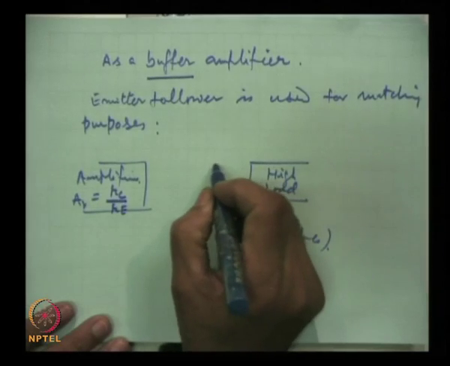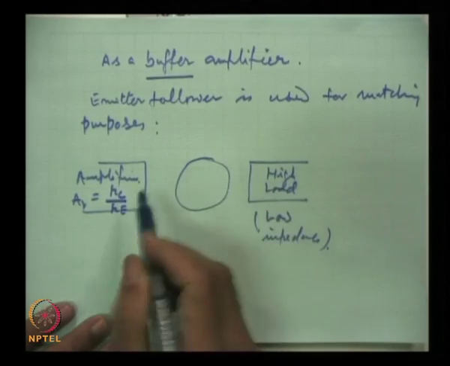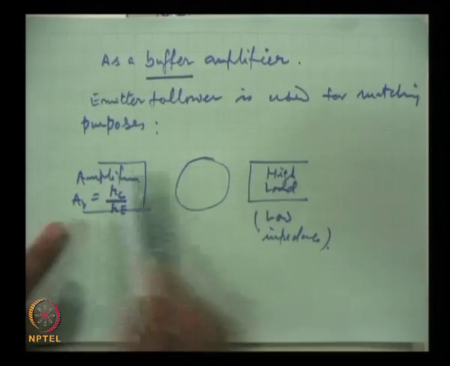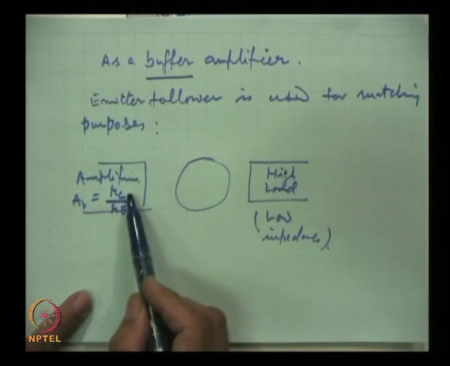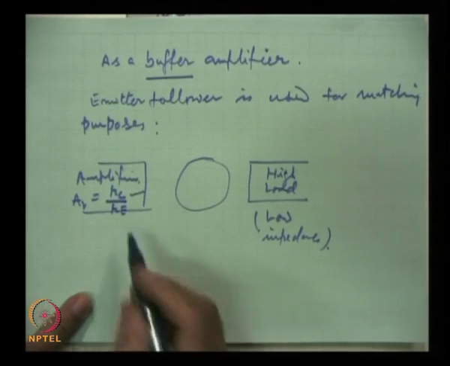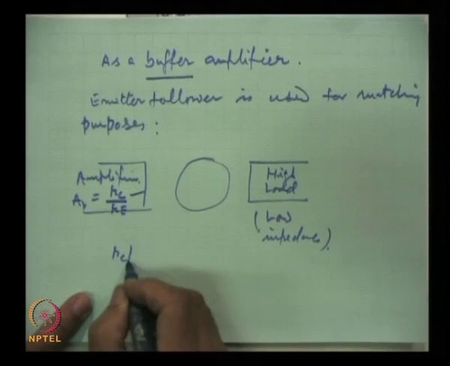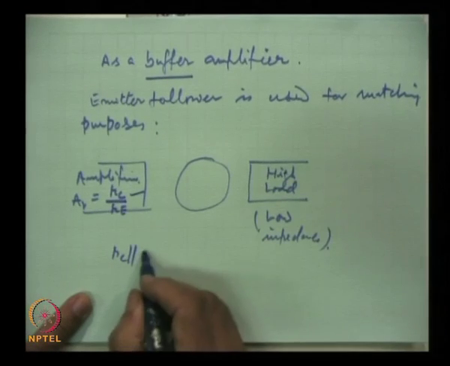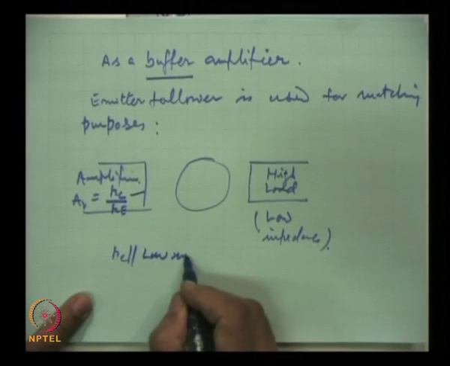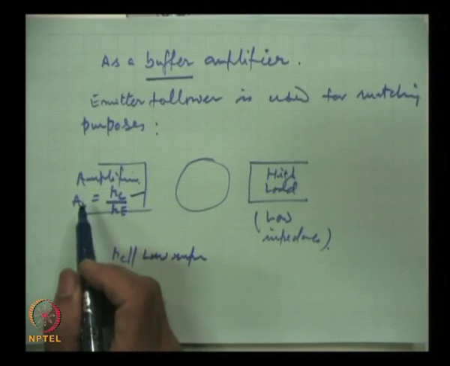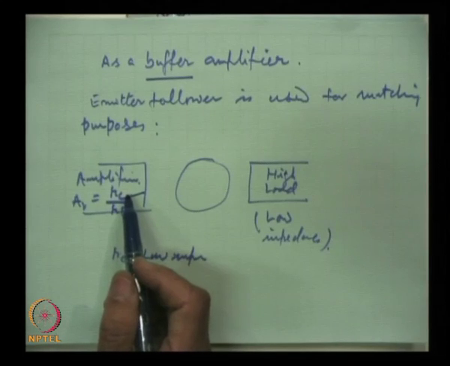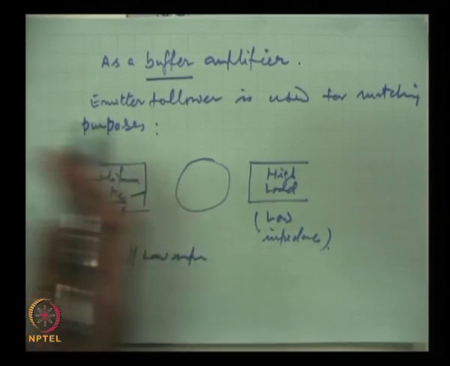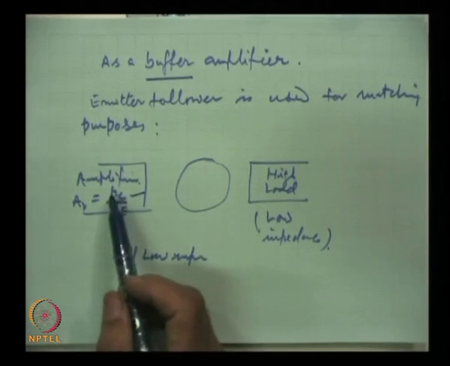Now here we connect these two, the high load cannot be connected to this, because this will go in parallel with the output, that will reduce RC. RC in parallel with very low impedance, so the gain will fall. That means the performance of this stage amplifier and all previous stages will be affected, and this will go down.